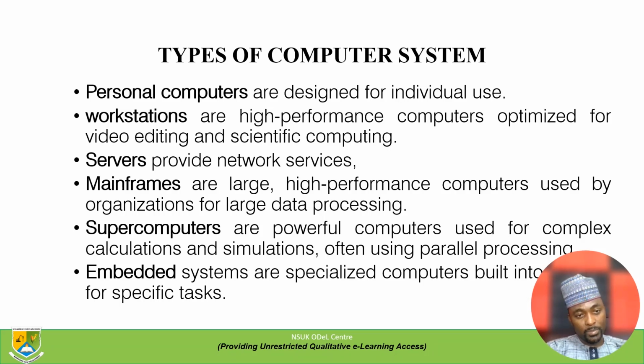And then we also have workstations, which are high performance computers optimized for video editing and scientific computing. We also have servers that provide network services such as email services, among others. We also have mainframes, which are large, high performance computers used by organizations for large data processing.